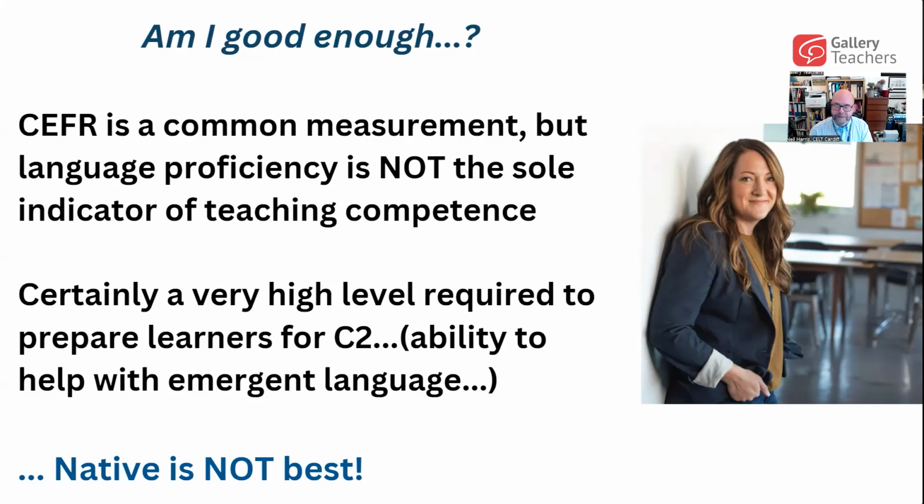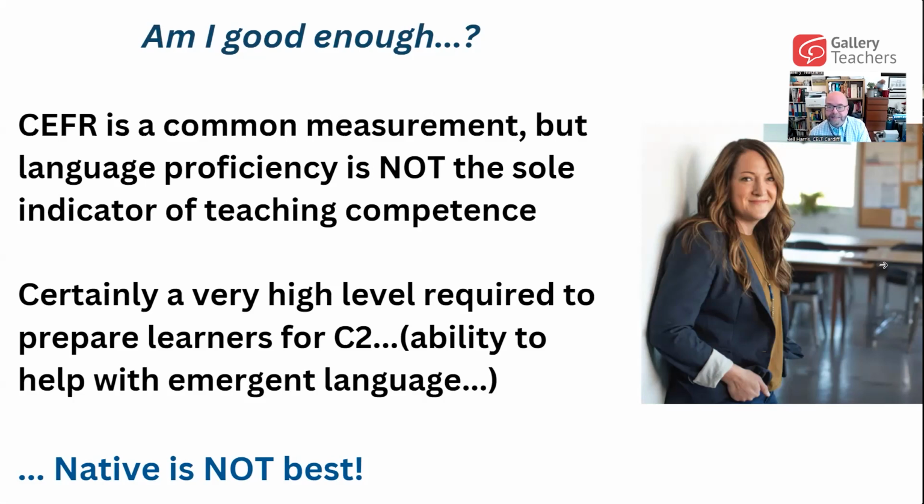Let's not deny the fact that at the C2 level, the teacher really does require an incredibly high level of English themselves. And that, I think, comes out from the importance of being able to help with emergent language. But I really think it's necessary to start this section by saying native is not best.